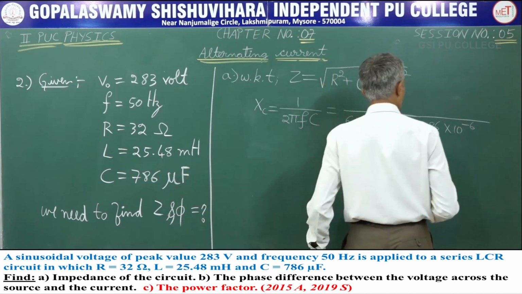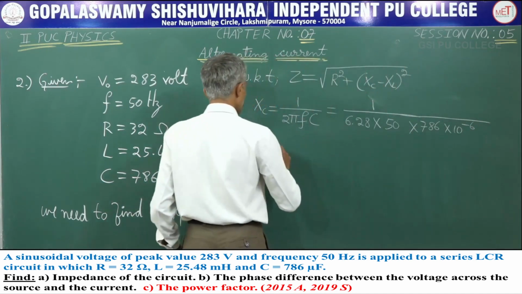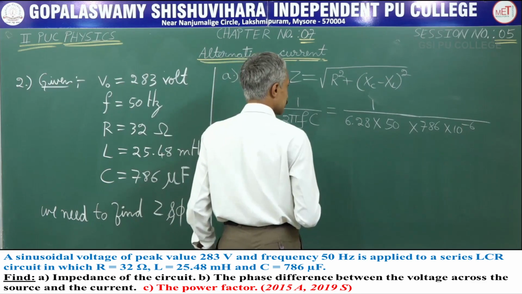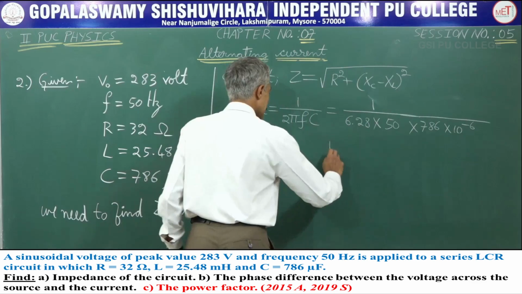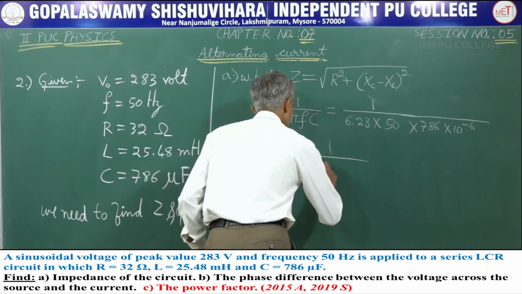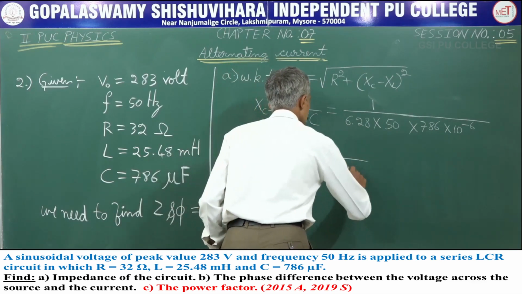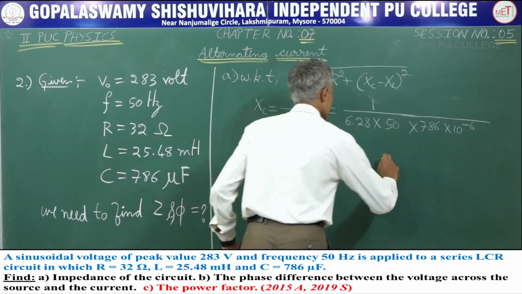Micro is 10 to power minus 6. So on simplification, I am going to get this as multiplying 6.28 into 50 into 786. I will get this as 246,804 into 10 to power minus 6.